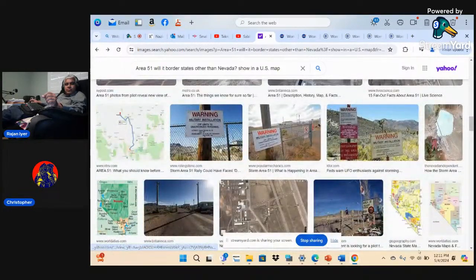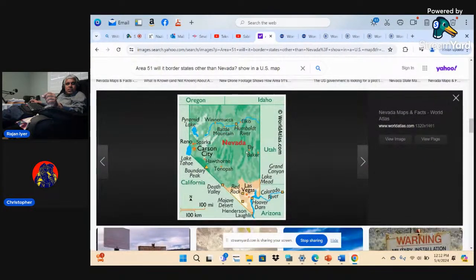It's actually closer. Las Vegas is somewhere above there. This is Death Valley in California, so it connects with that, I think. Somewhere in that region. Well, that makes sense.